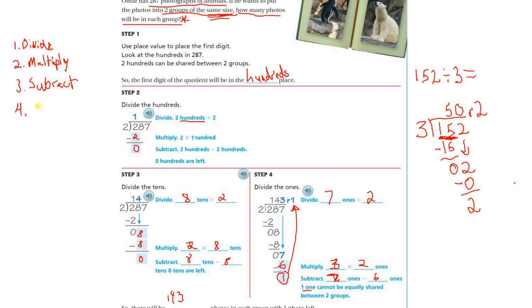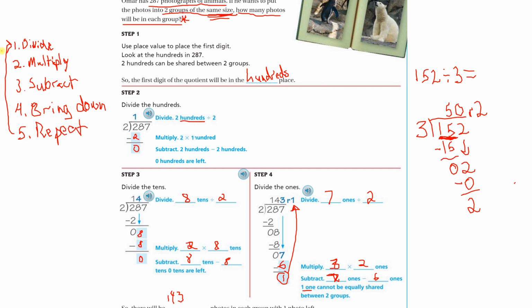Step 4, bring down. And then step 5, repeat. Meaning you go back to the first step. You go back to step 1. Okay, so let me show that in action now, okay?